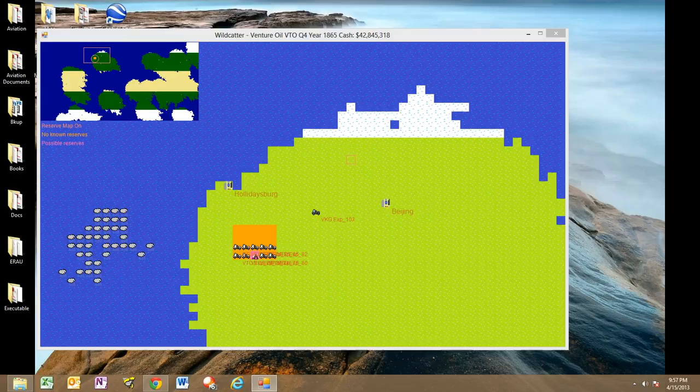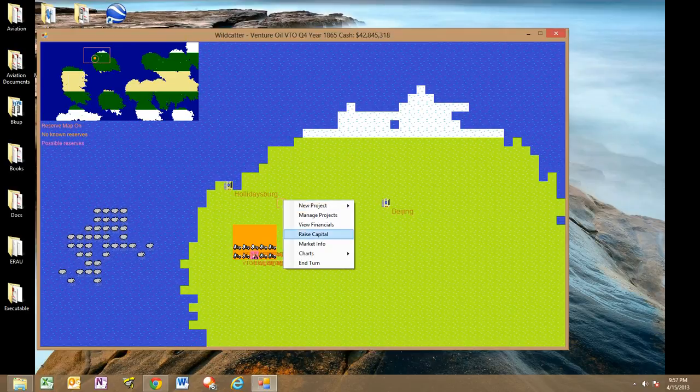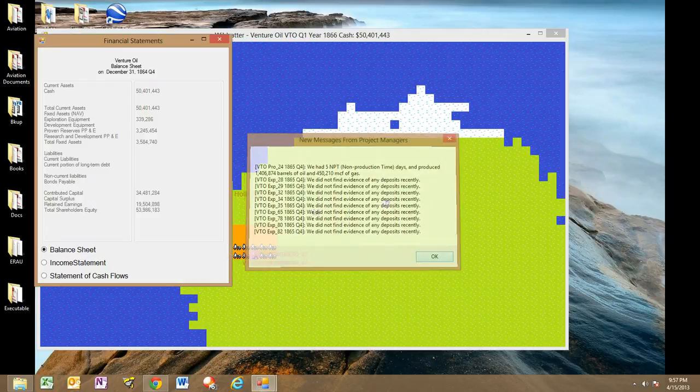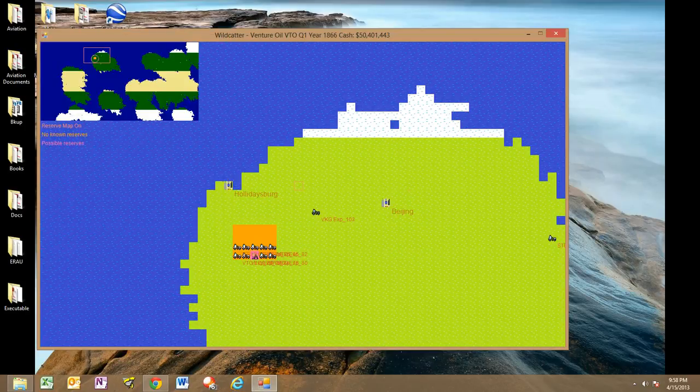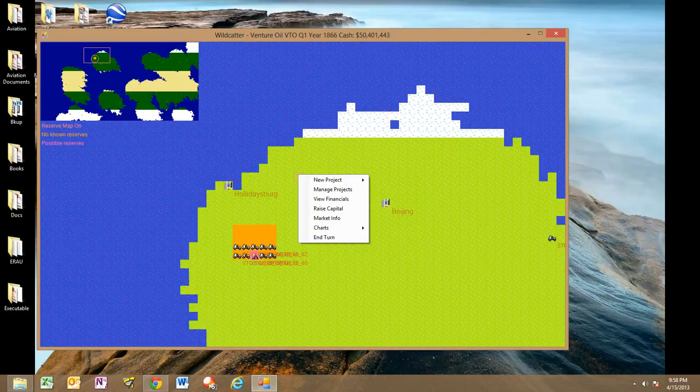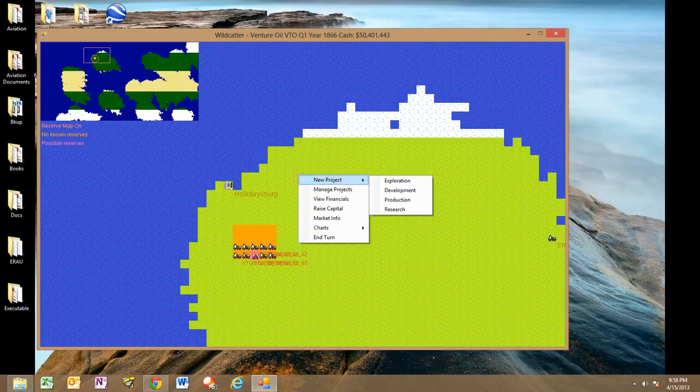But we have turned a profit over the past several turns. So we'll end this turn again and double check, make sure we are still turning a profit, which we are. We've had net income of 7.5 million, so that is pretty good. The simulation calculates all the typical statistics related to accounting and corporate finance.